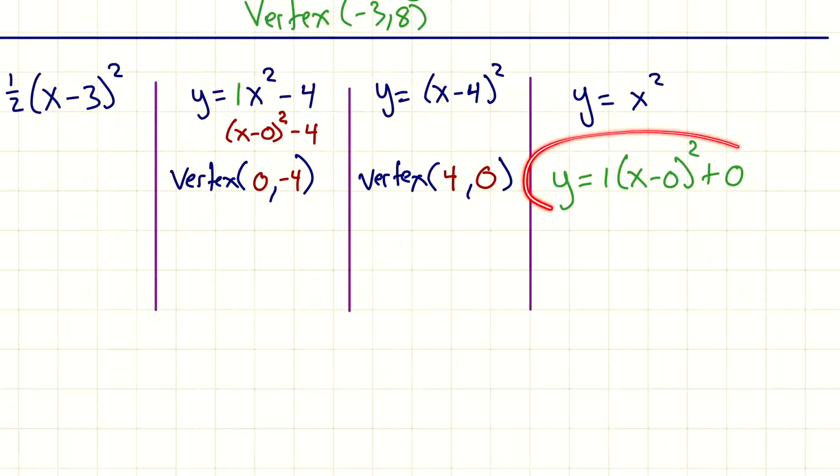Now, instead of having to write it out like this with a bunch of zeros and ones, you could simplify it to y equals x squared, which means we already know the stretch factor is going to be 1. It's positive, and our vertex is at 0, 0.